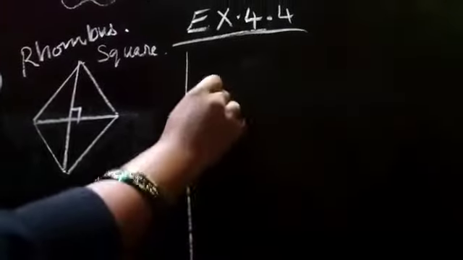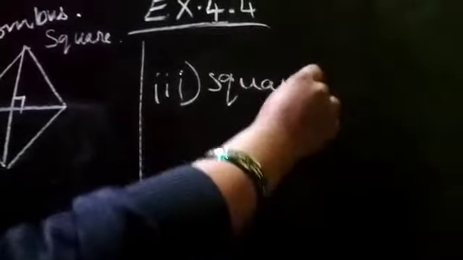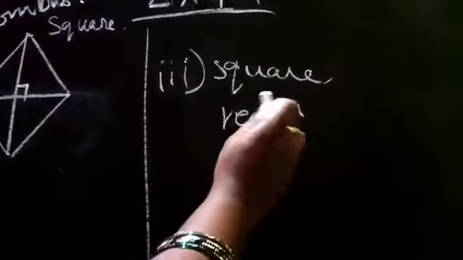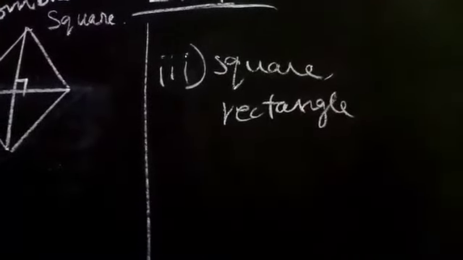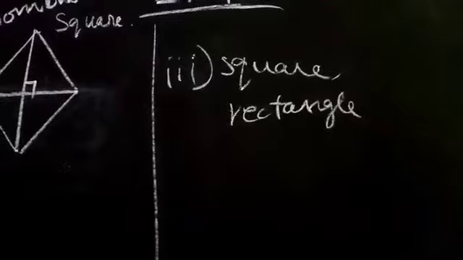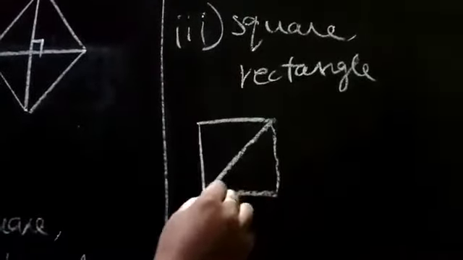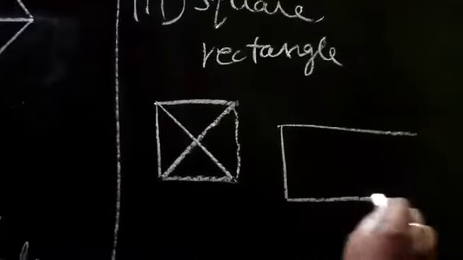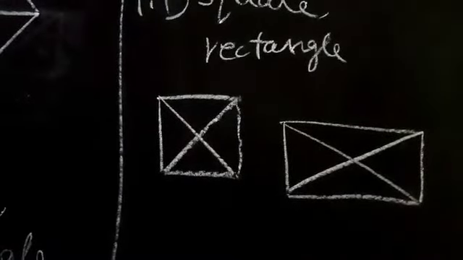So in square and rectangle we will get equal diagonals. Both the diagonals will be equal. In a rectangle also both the diagonals are equal.